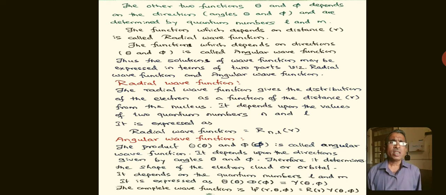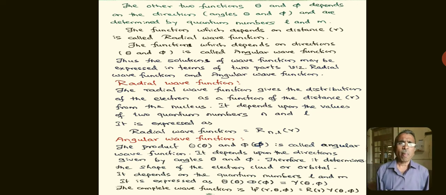It depends upon the values of the two quantum numbers n and l. That is why, as you have studied in the earlier class, the principal quantum number and azimuthal quantum number give the location of an electron in space from the nucleus in terms of orbits and suborbits.